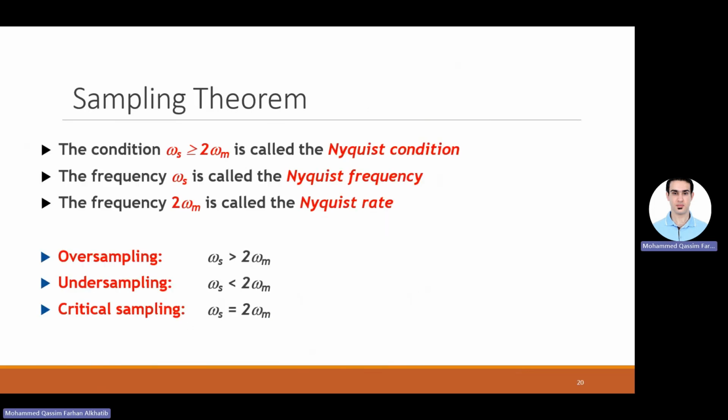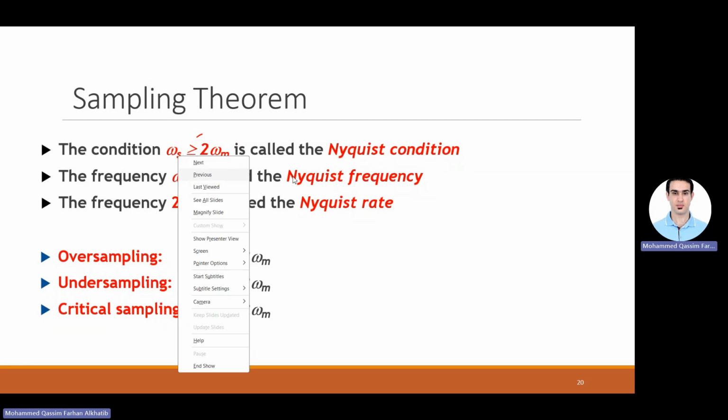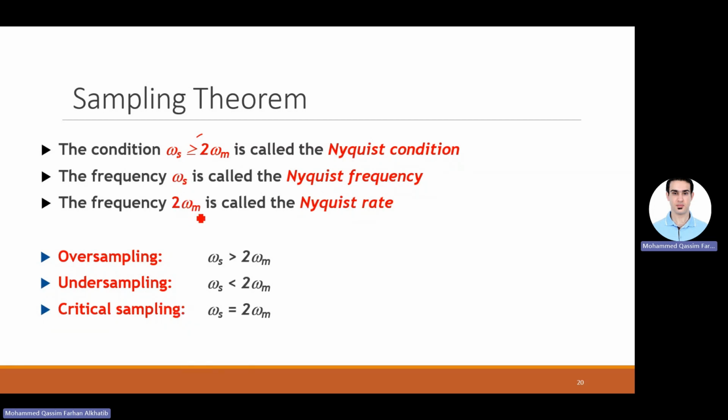All right, so some concepts here. You need this condition, the Nyquist condition. Omega s is the sampling frequency, and 2 omega m is the Nyquist rate. And omega m is the signal frequency. When you have a sampling frequency larger than twice the signal frequency, that's what we call oversampling, and this is desired.